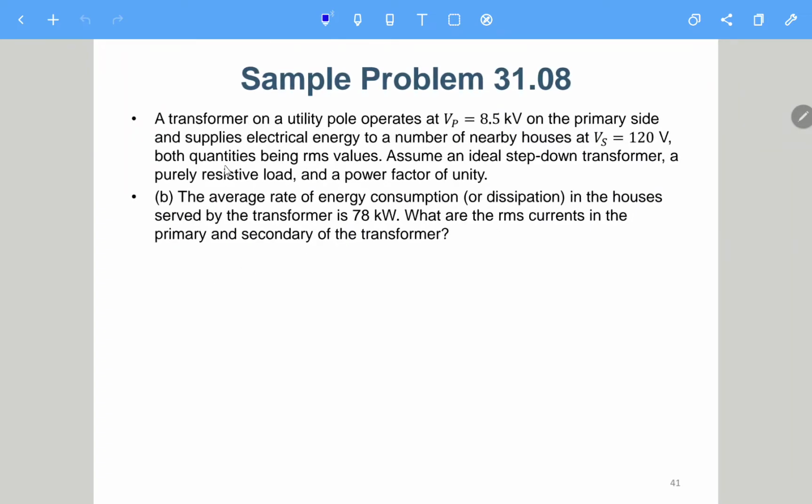So for question B, the average rate of energy consumption or dissipation in the houses served by the transformer is 78 kilowatt. What are the RMS currents in the primary and secondary of the transformer? So here we don't consider any complex impedance.